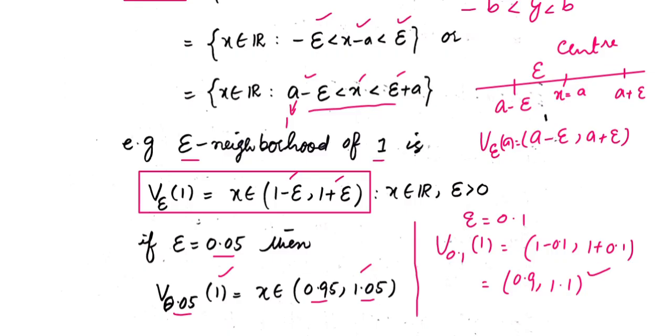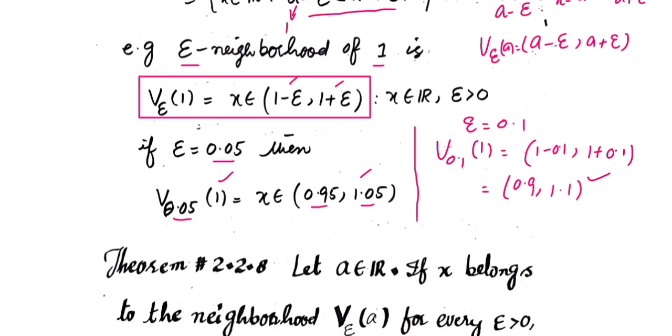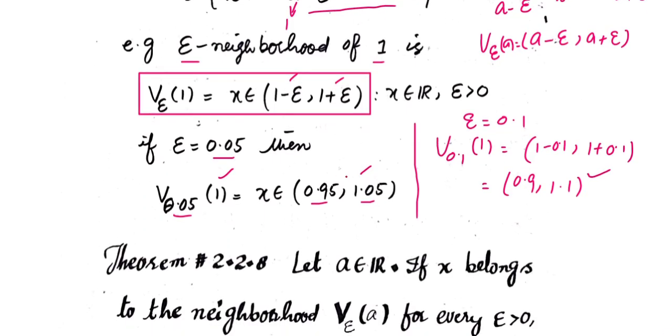How can you find the center of this interval? The center of this interval is just the arithmetic mean of the interval. That is, you can find the mean of this interval: 0.95 plus 1.05 over 2. This will give 2 over 2, which is equal to 1. That is the center of the interval.